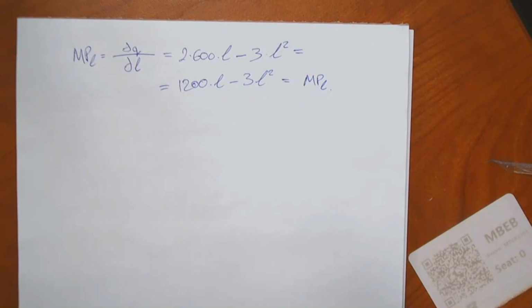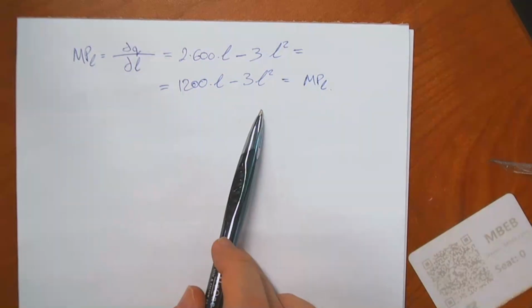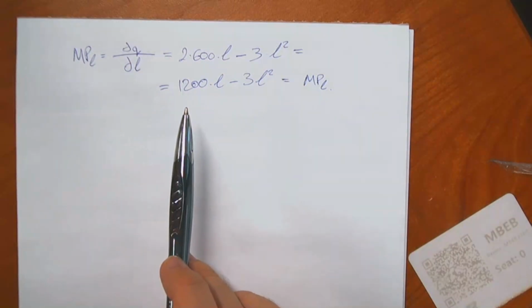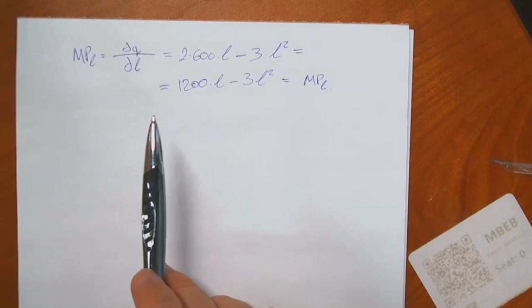So essentially, how do you use this function? At a specific level of L, you plug in the value of labor and you get what the marginal product of an additional unit of labor is going to be. The marginal product of labor changes for different values of L, because it is a function of L. Can you calculate where the marginal product of labor is maximized?